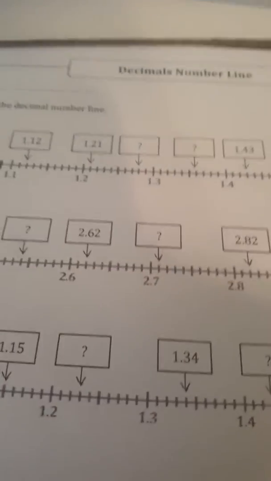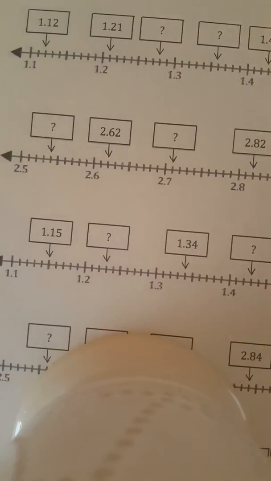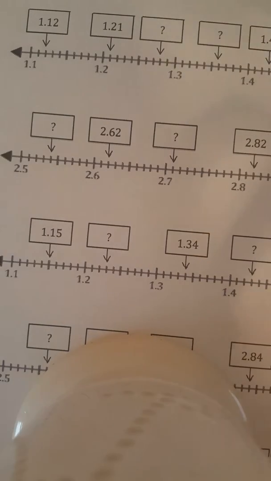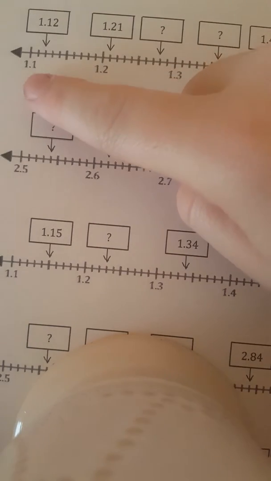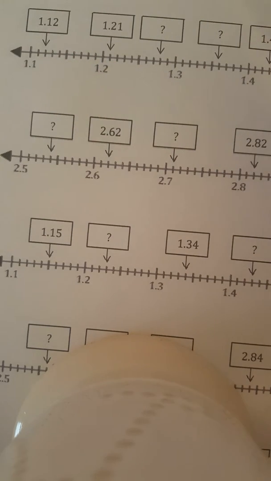If you were to take a look at that and count up what was between the 1 and 1/10 and the 1 and 2/10, there are 10 spaces. So each one of those would actually be a hundredth.